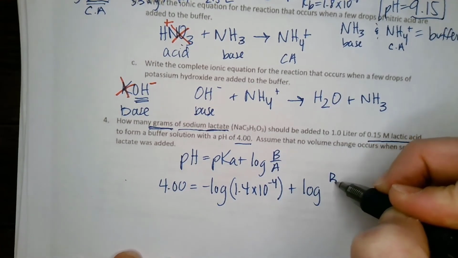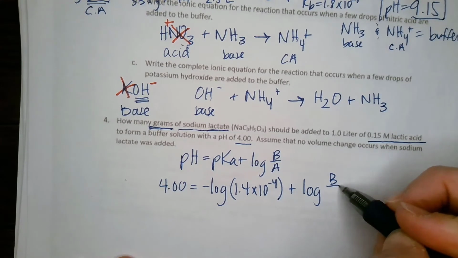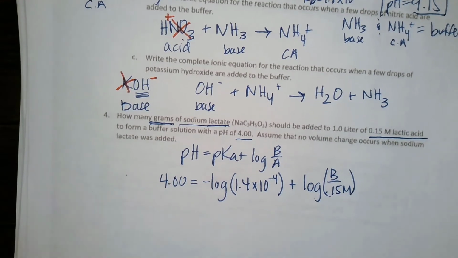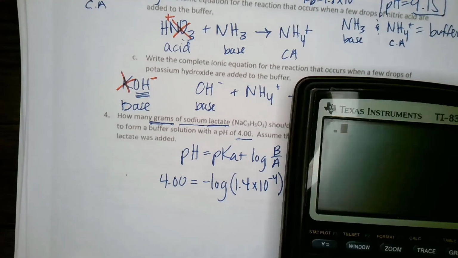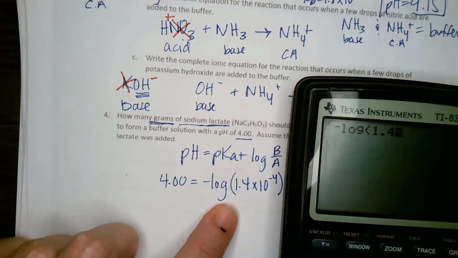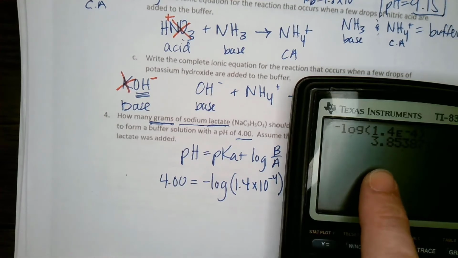We don't know what the base is, but we do know the acid is 0.15 molar. Okay, let's do a little bit of simplifying. If I do the negative log of 1.4 times 10 to the negative 4th, I get 3.85.